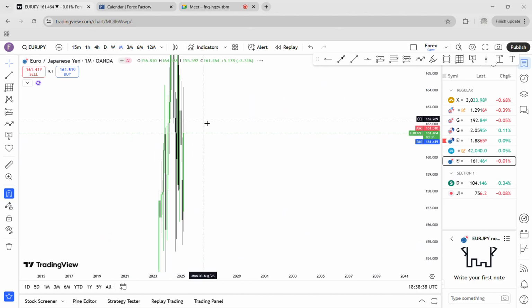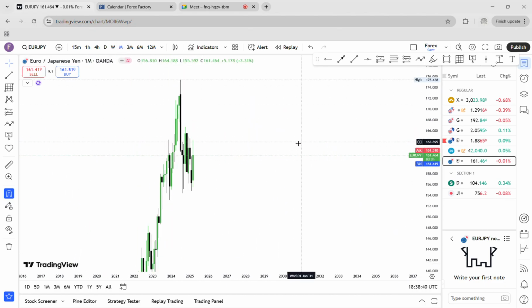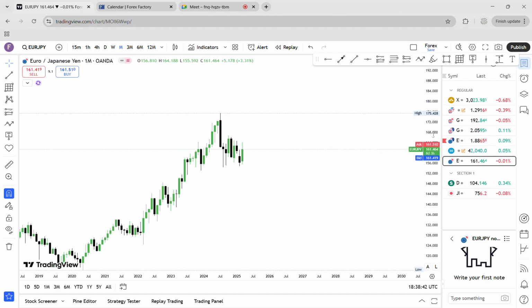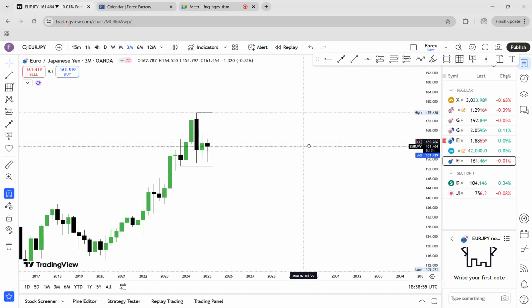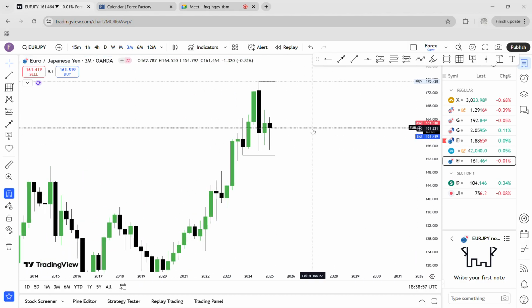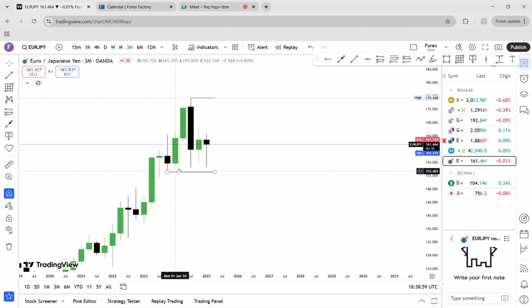So now let's start from the monthly time frame. Look at this market structure. We have the overall high of this pair and we have the overall low right here of this pair. You can see a down candle, then this expansion.